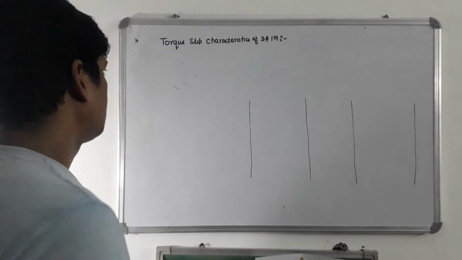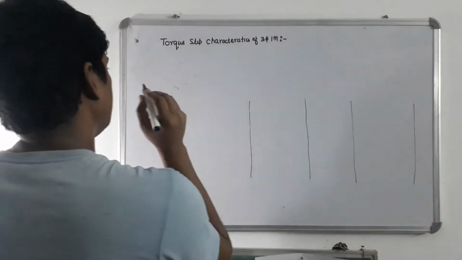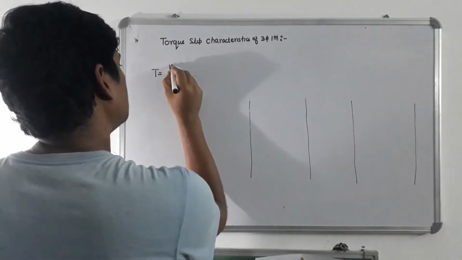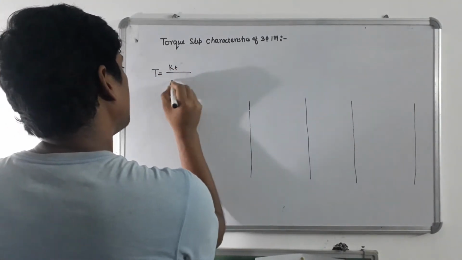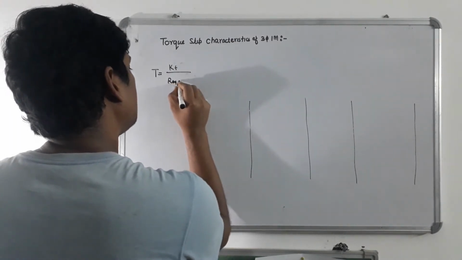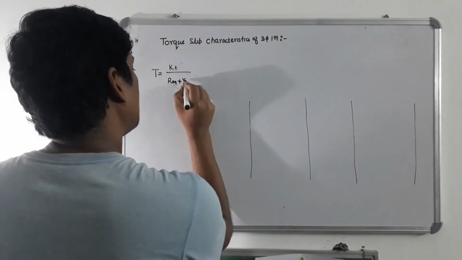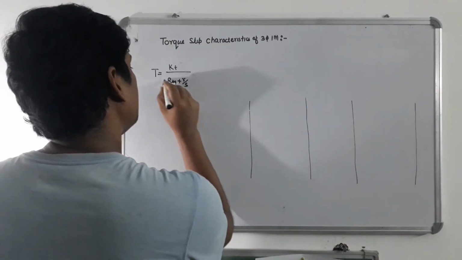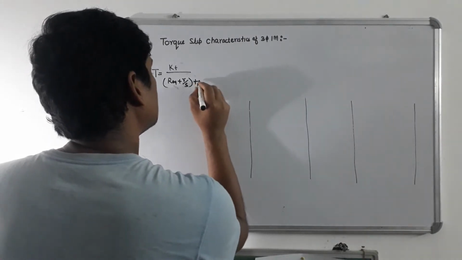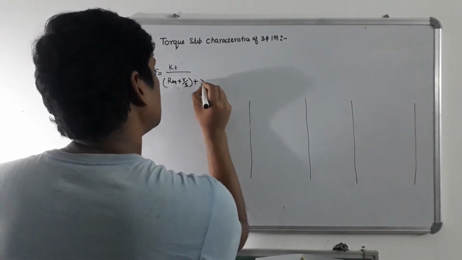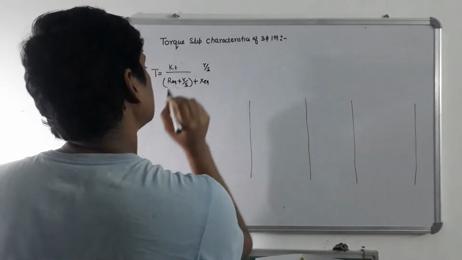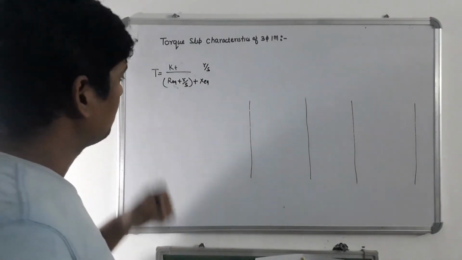I will start from the torque equation: T is equal to K divided by R equivalent plus small r divided by S, plus X equivalent R by S. This is the torque equation.